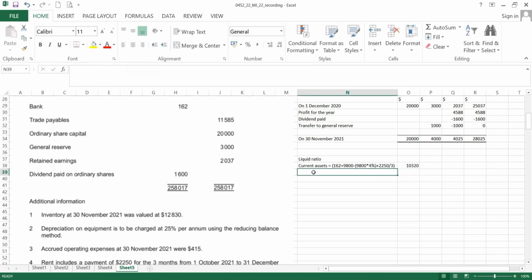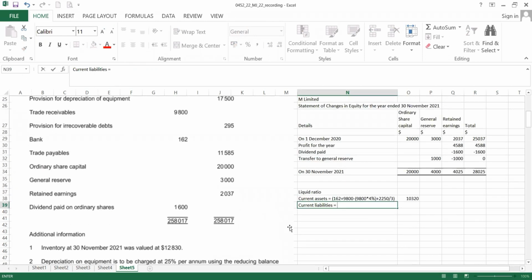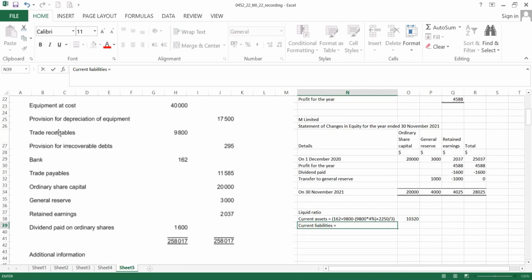Okay, current liability. We have the trade payable 11585. And then what else do we have?